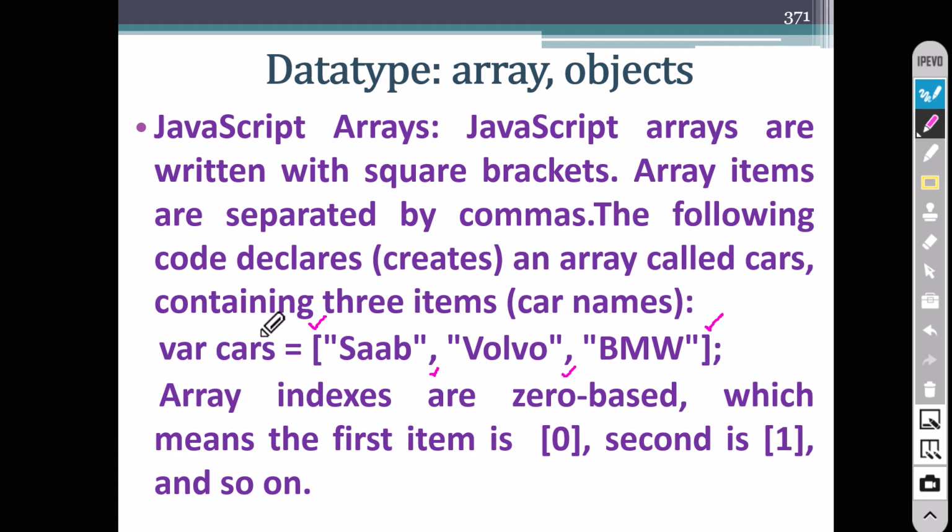So we are declaring an array here. The name of the array is cars, and we use an index for representing each item. The first item is represented by 0, followed by 1 and 2.